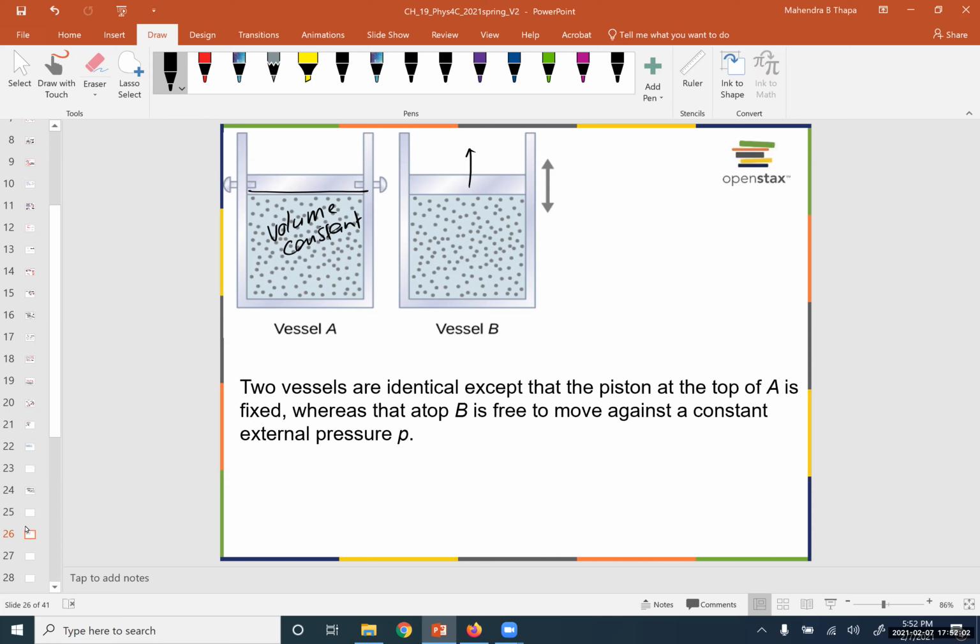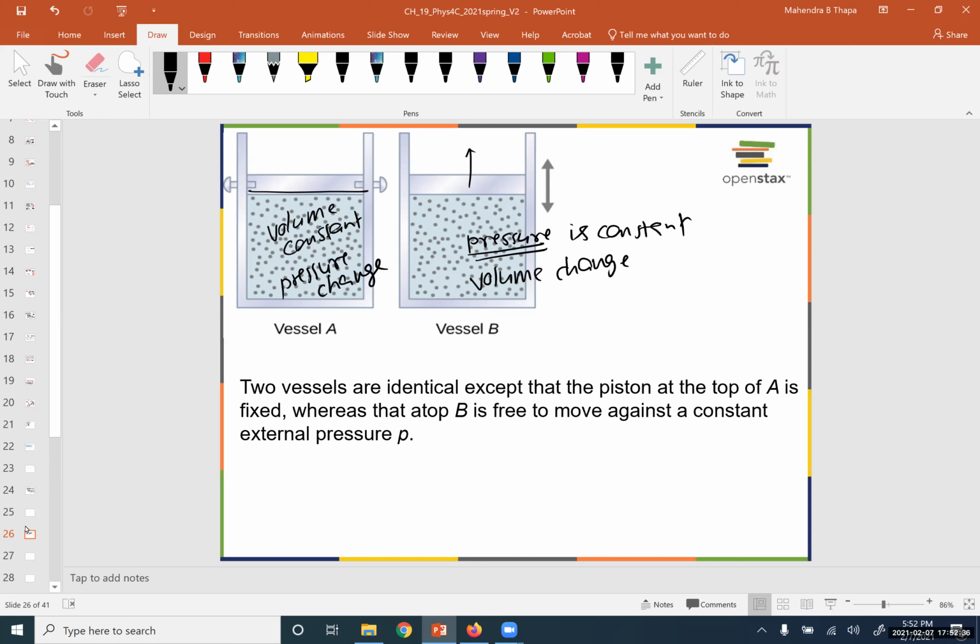So in this case volume will change, but here pressure is constant. Okay, so in this example we are talking about a special scenario. Here the pressure is constant but volume will change. In this case volume is constant but the pressure will change.